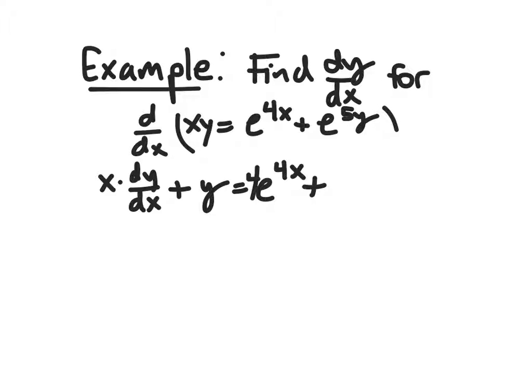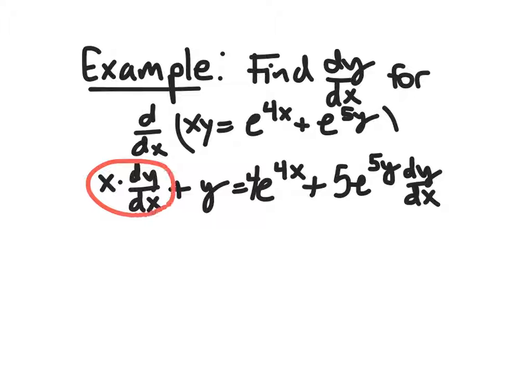And then for the same reason, we'll have 5e to the 5y over here, but we have to do one more thing, right? When we have the derivative of 5y, we get the 5, but then the derivative of y is dy/dx. So remember, anytime you're seeing that y, we're popping out a dy/dx because of that chain rule for the implicit. Okay.